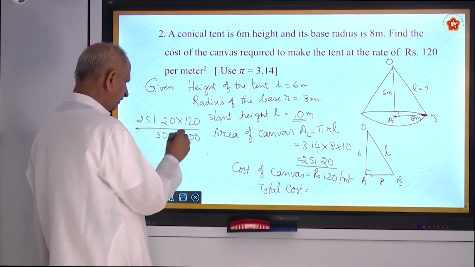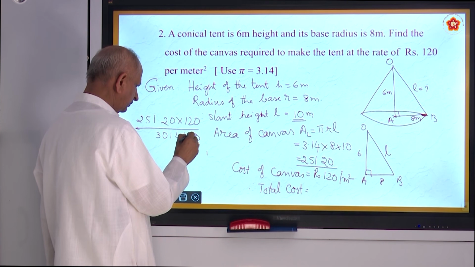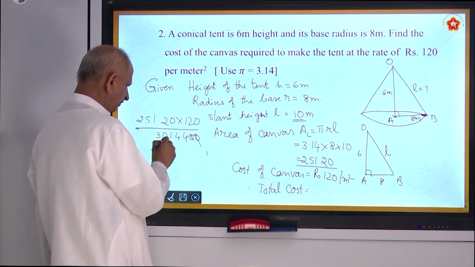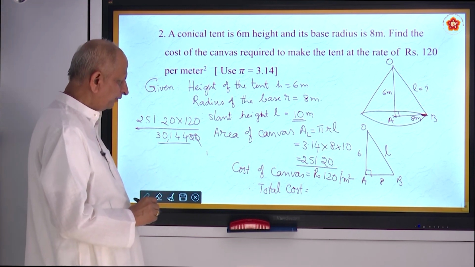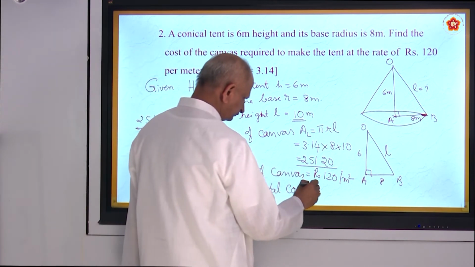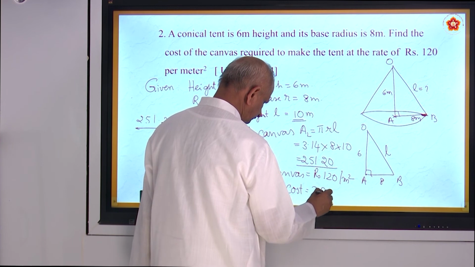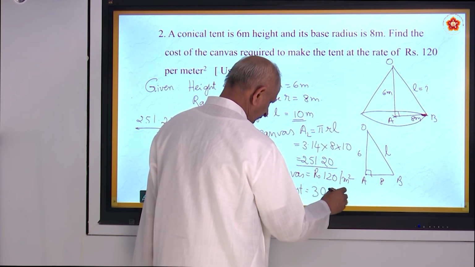Correct? Then 2 zeros cancel, 2 places. So 30,144 rupees.